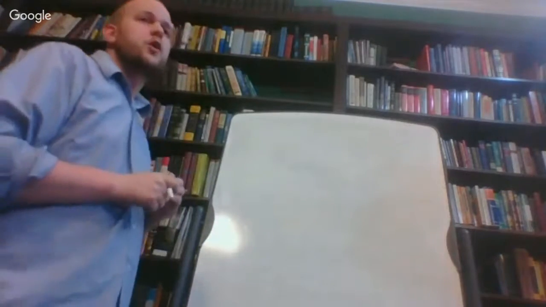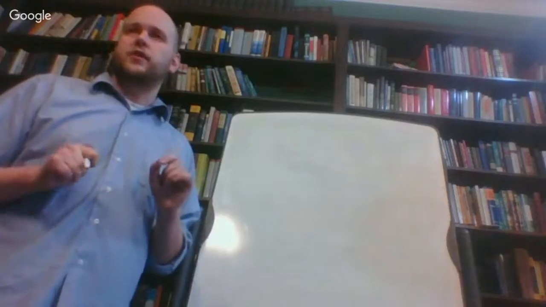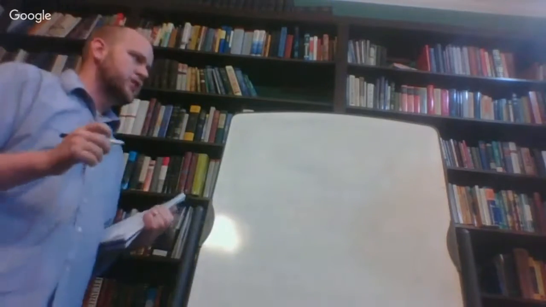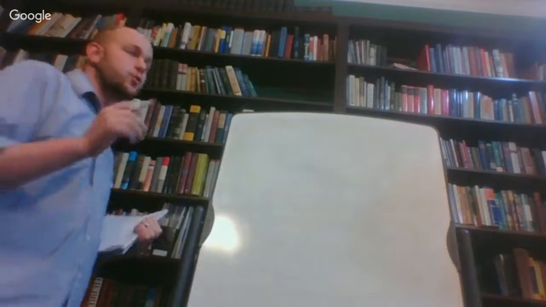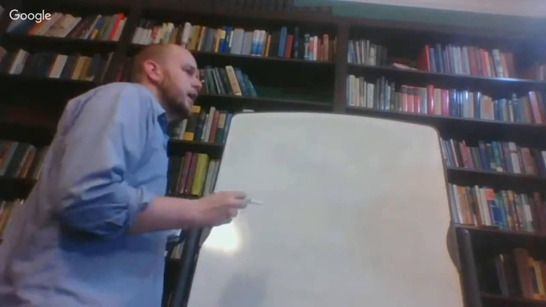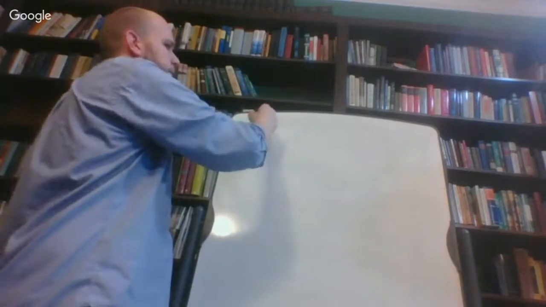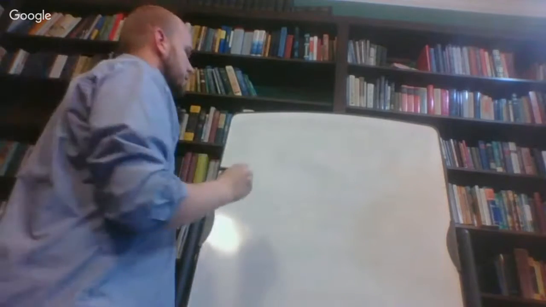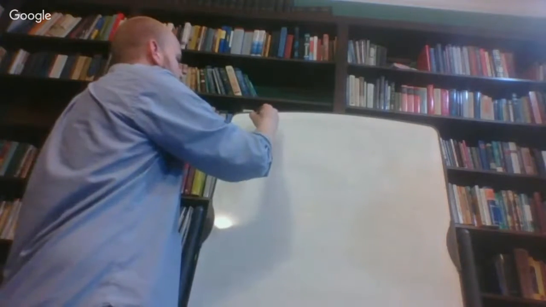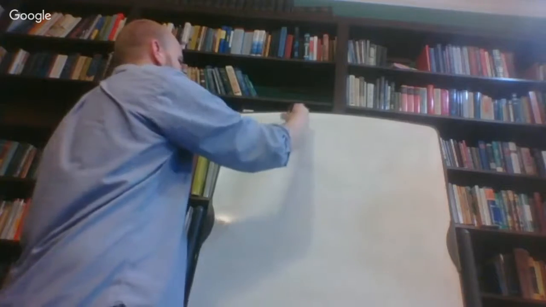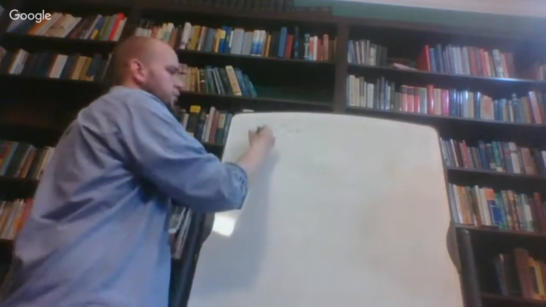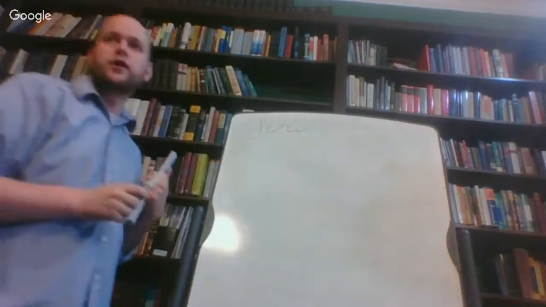Greek, on the other hand, word order is not necessarily as important. And so this is why we need to know cases in Greek. Because if you were to see this word, luo, you'll get very familiar with it later.